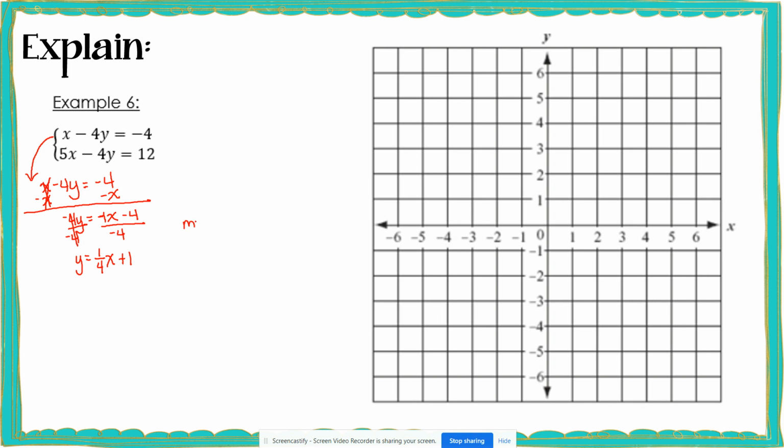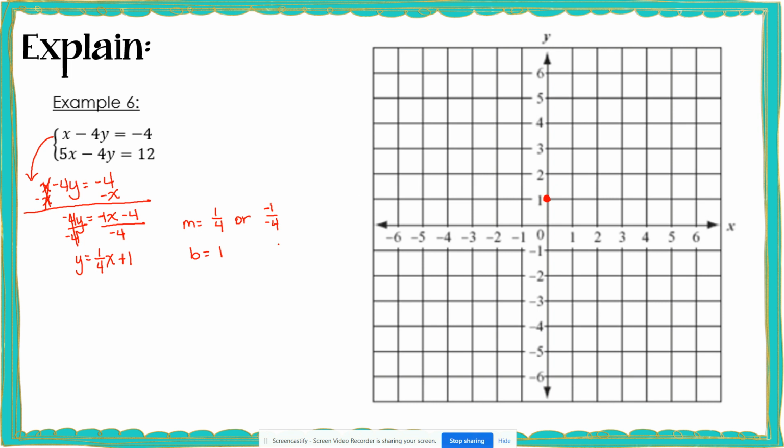So from here, I know that my slope is 1/4. So it's already in the form rise over run. Now, both of these could be written as their opposite. So the opposite of 1 is -1, and the opposite of 4 is -4. Then my y-intercept is this +1. So I'll start with my y-intercept of +1, and I'll put a point.